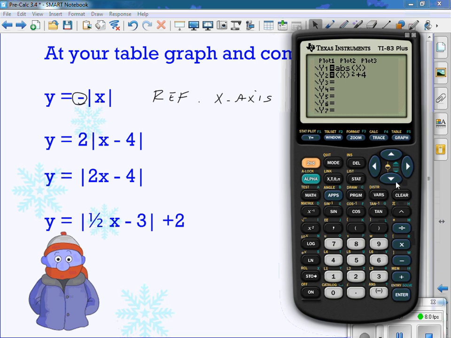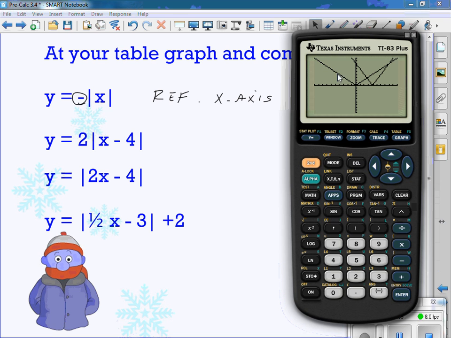Okay, absolute value of x. 2 absolute value of x minus 4. There's the first one. There's the second one. Moved it over 4.